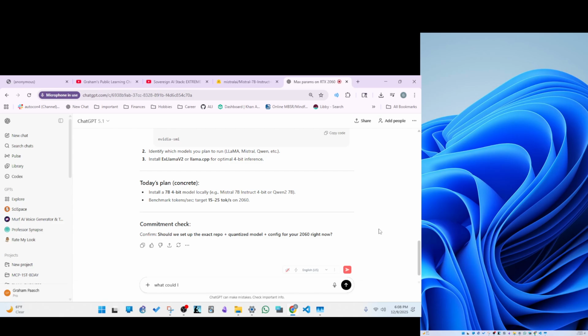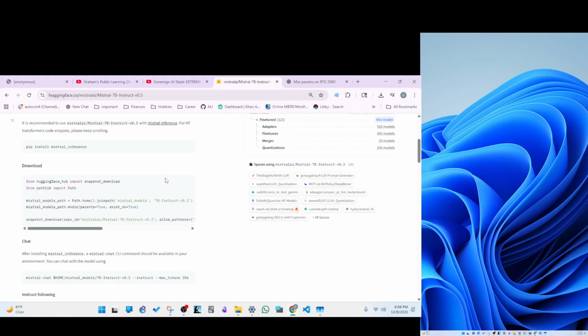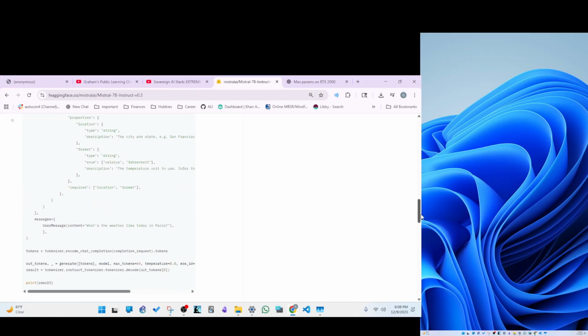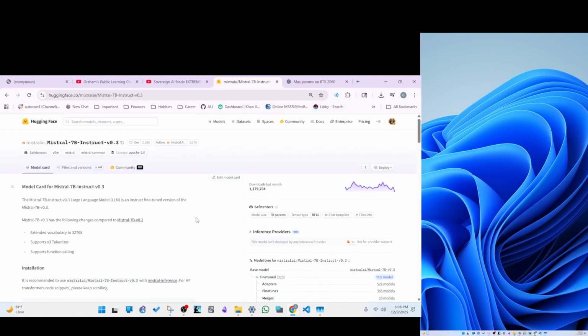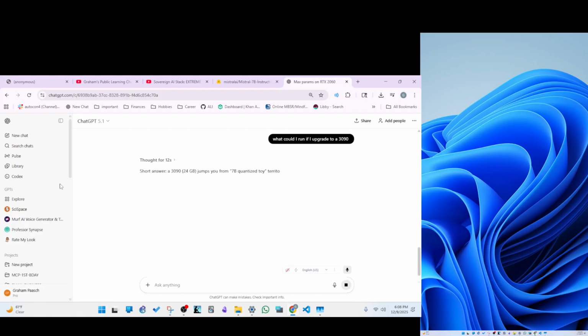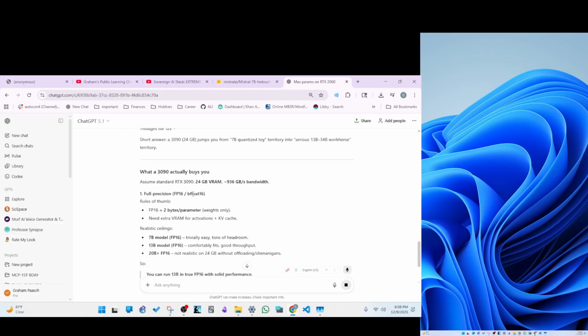What could I run if I upgrade to a 3090? Okay, so once I get my 3090, I can run really powerful models locally. Not the most powerful state of the art models, and nothing as powerful as what I get through my ChatGPT subscription.